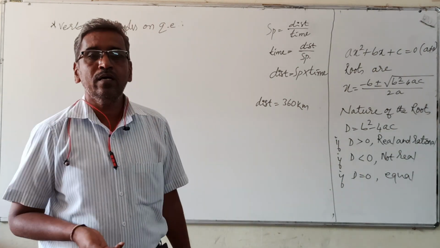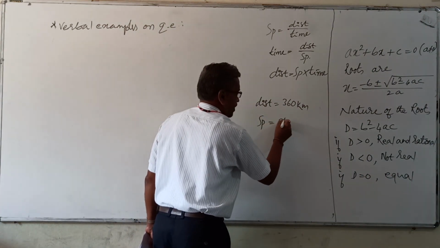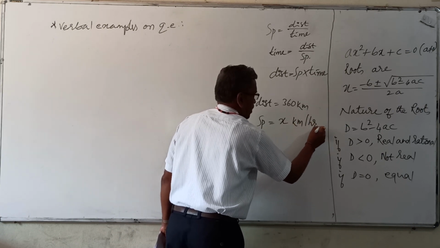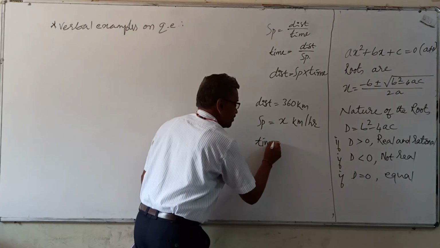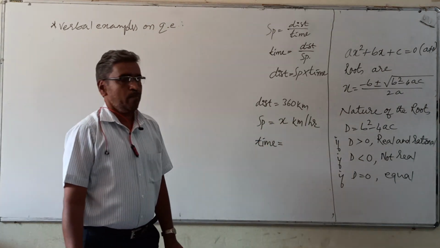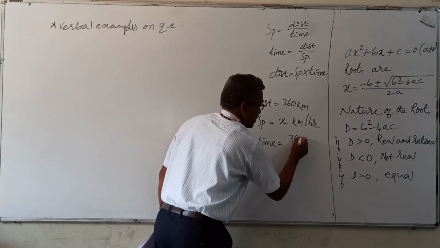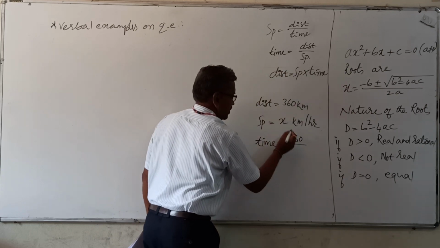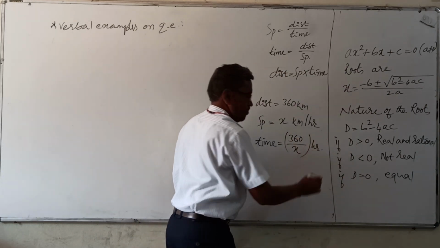Find the speed of the train. So the speed of the train, I am taking as x km per hour. So what is the time? Time is equal to distance upon speed, 360 divided by speed, that is x, in hours.